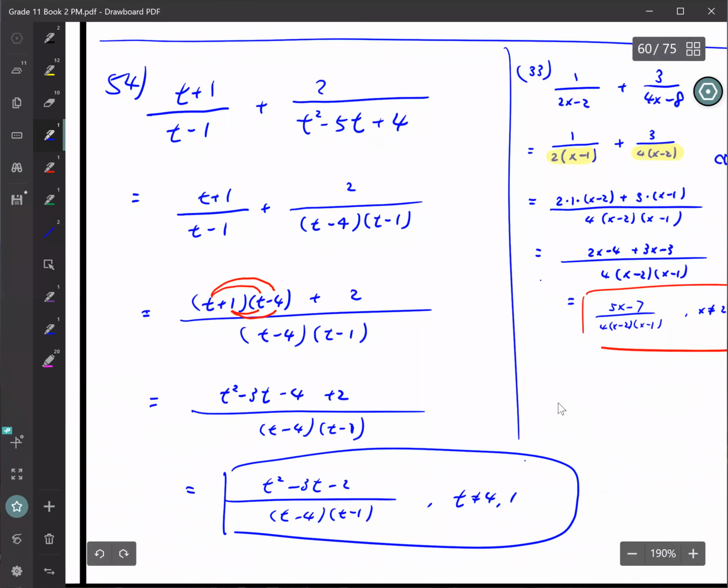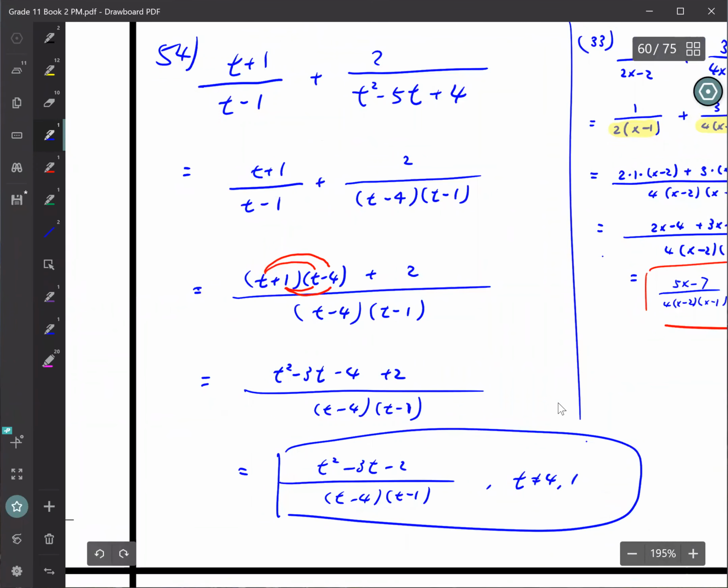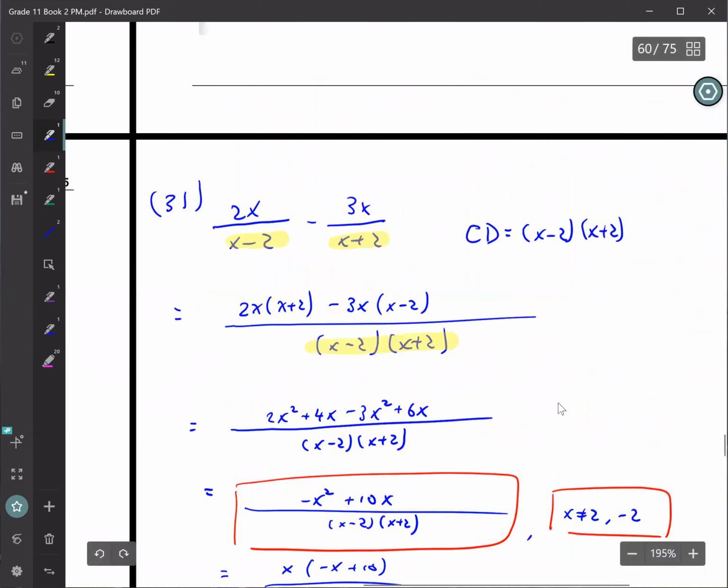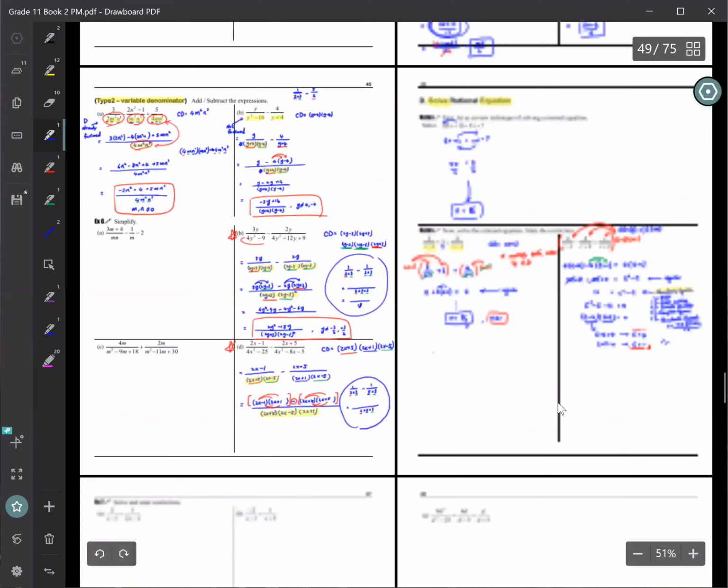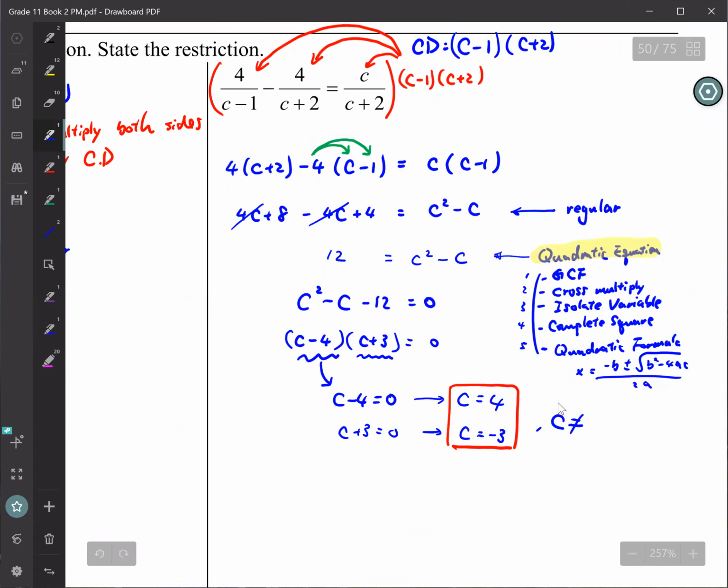For example, this one, 54. Where do you find restriction? The denominator, so 4 and 1. Okay, so go back to that. How do you find restriction for this? I think should it be C cannot be -2.